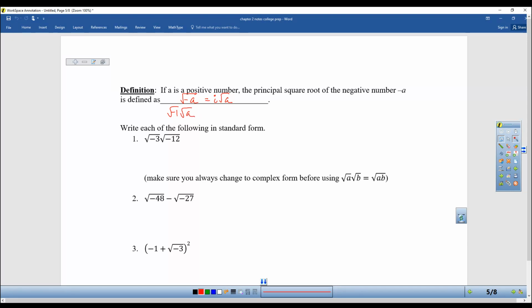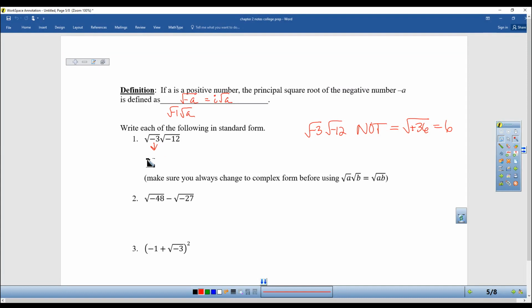Why is this important? It's mostly just for this. It's because people take these two and they just multiply them together. I'll write it off to the side so you can see it. It is not equal to the square root of -36 or positive 36, which would then become 6.